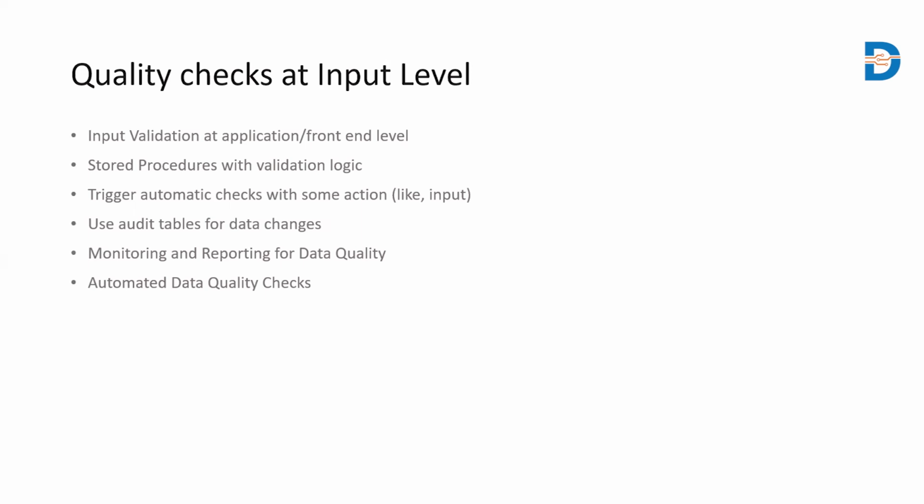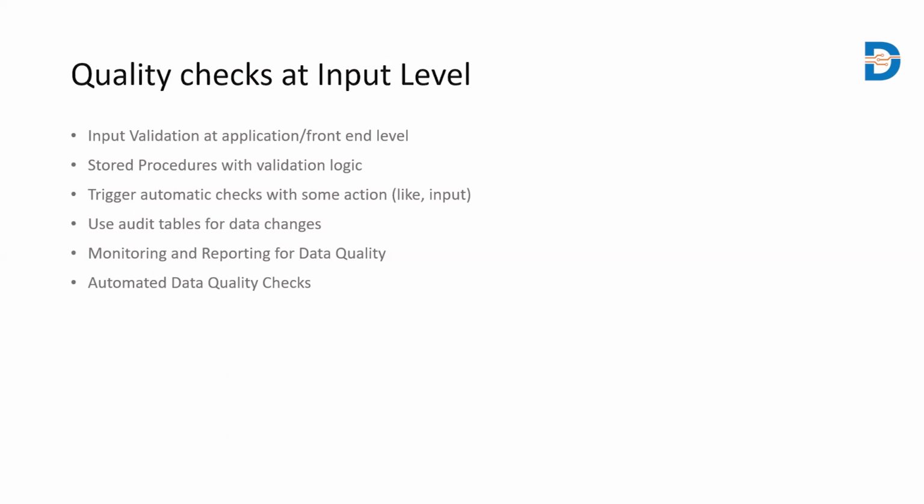We can also schedule daily, weekly, or monthly checks on the data. In this way, we can monitor and report incorrect or inconsistent data. We can regularly run SQL scripts to identify data quality issues and generate reports on them. Similarly, we can automate data quality checks in a production environment.